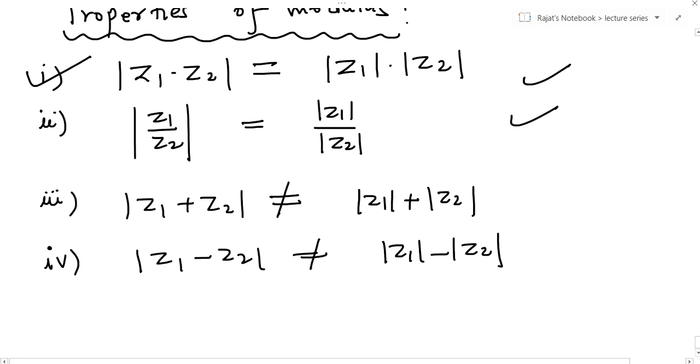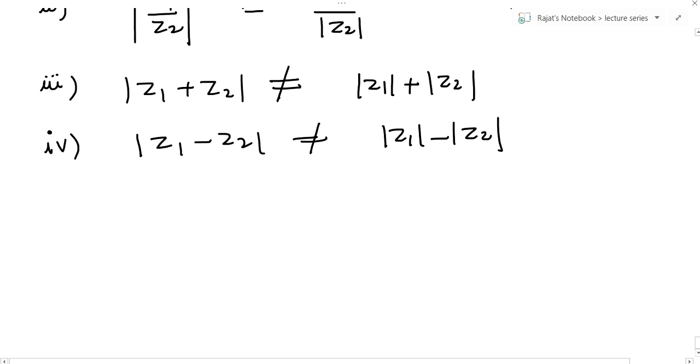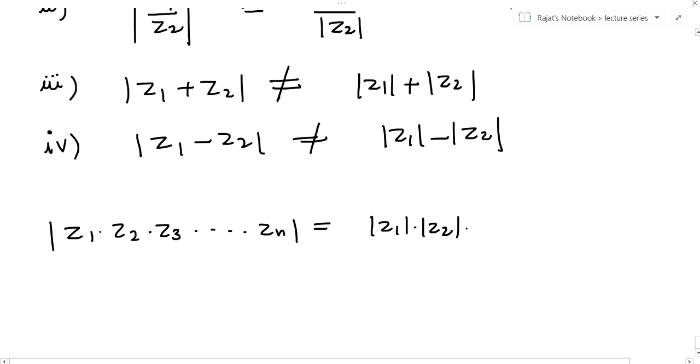So it is very clear that mod of z1 into z2 is mod z1 into mod z2, and in fact you can extend it. It's not valid only for two complex numbers. Mod of z1 z2 z3 up to zn is equal to mod z1 into mod z2 into mod z3 up to mod zn.